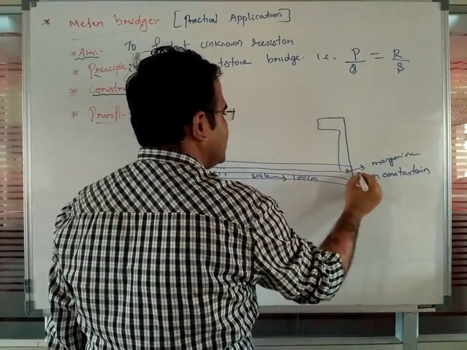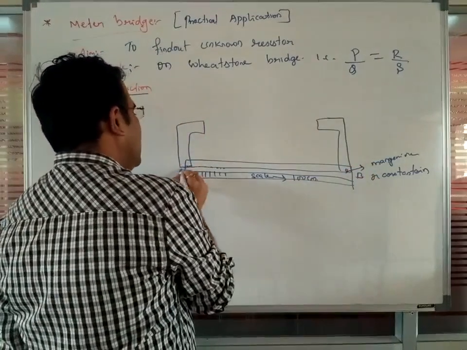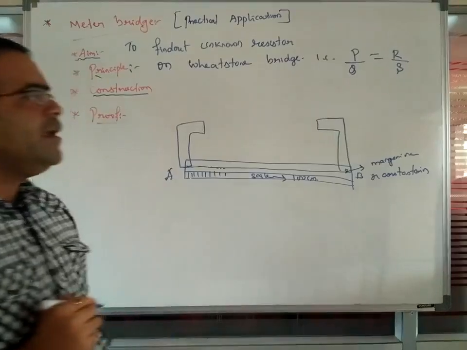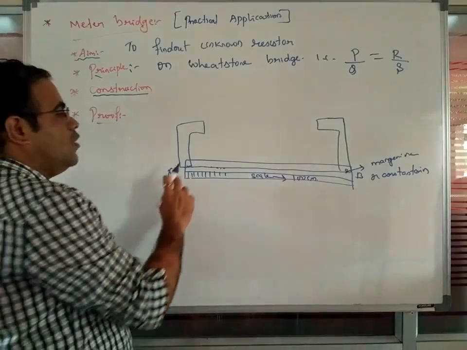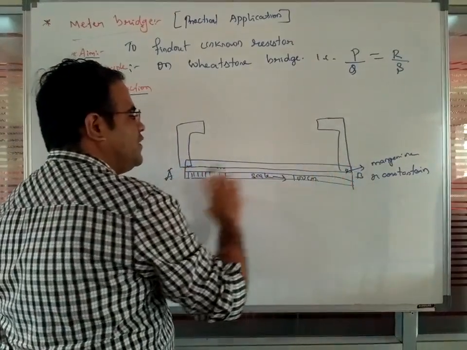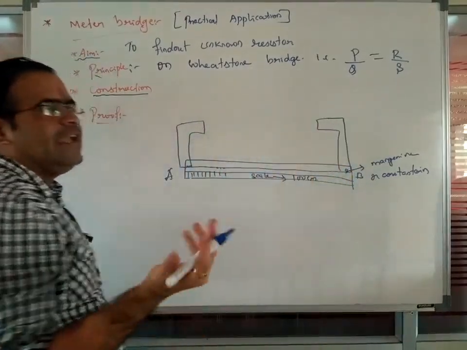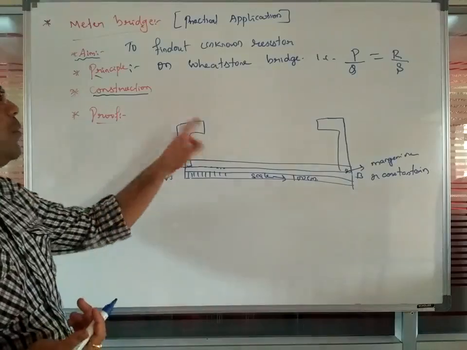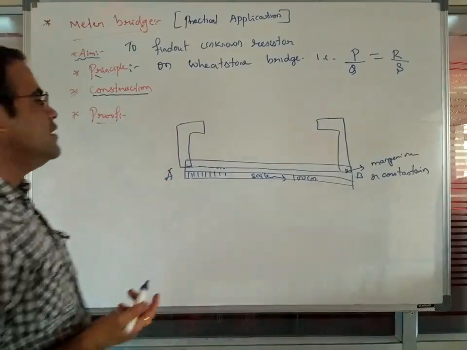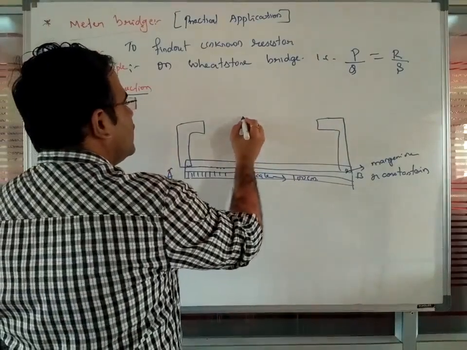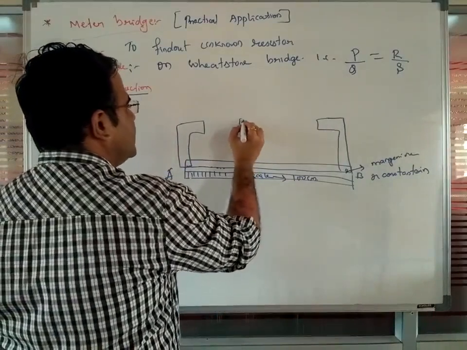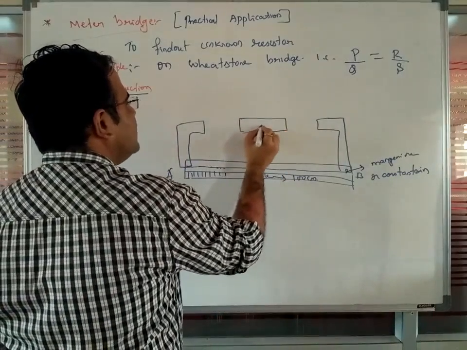Let us assume this is point B, and this is point A. From the extreme ends of this meter bridge we observe two perpendicular, that is 90 degree, copper strips like this. This is a copper strip. Now we are going to observe what is called the center tap.